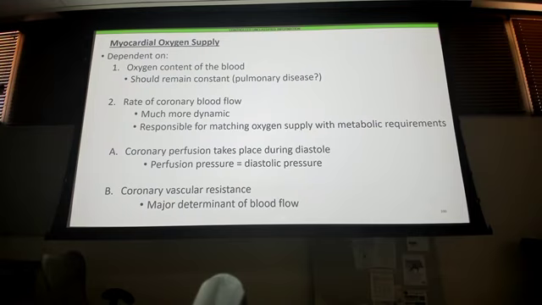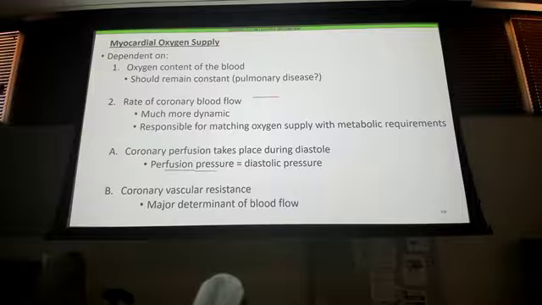This is usually tightly regulated unless you have some kind of pulmonary disease that limits your oxygen-carbon dioxide exchange. But really the main thing that impacts supply is your coronary artery blood flow.